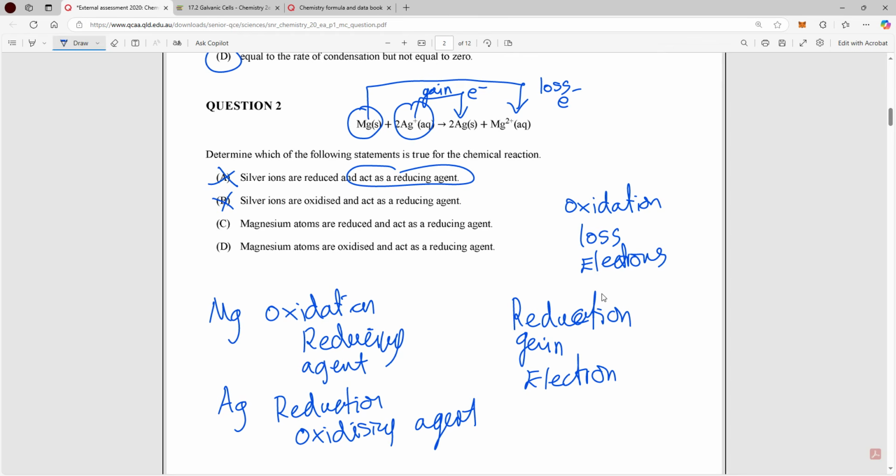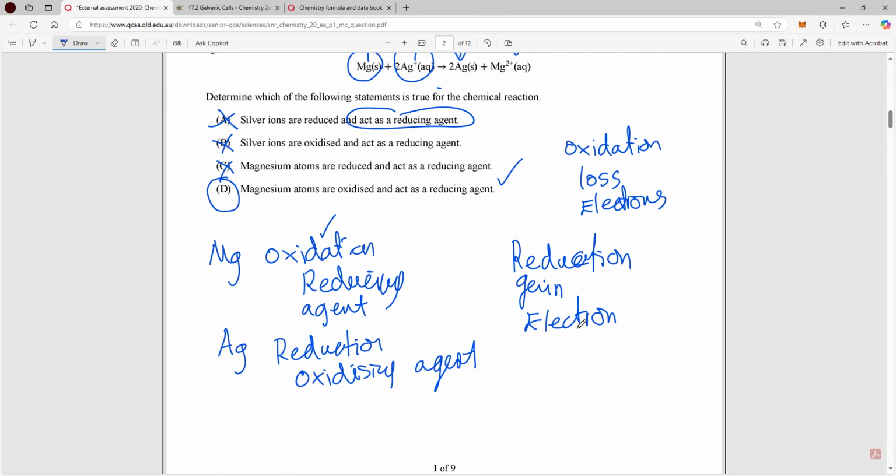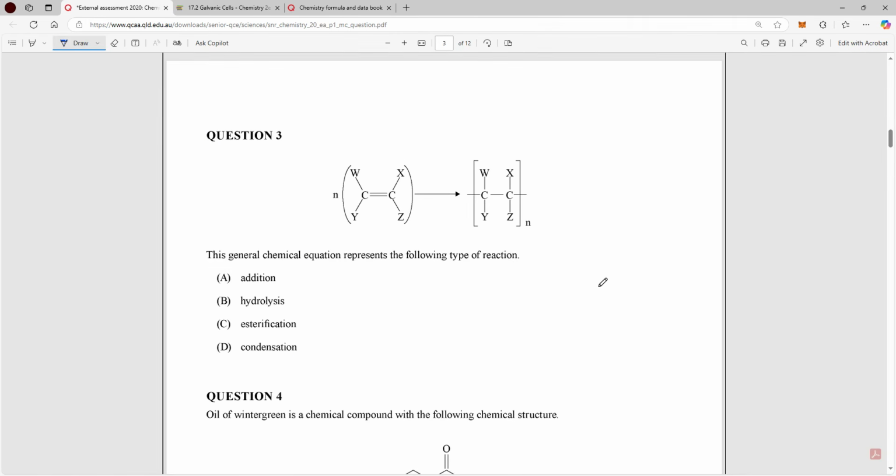Magnesium atoms are reduced, that's incorrect. Magnesium atoms are oxidized, yep, and act as the reducing agent. So D is the correct one, because they've put oxidized and the correct terminology here. It's a reducing agent, because it's the opposite.